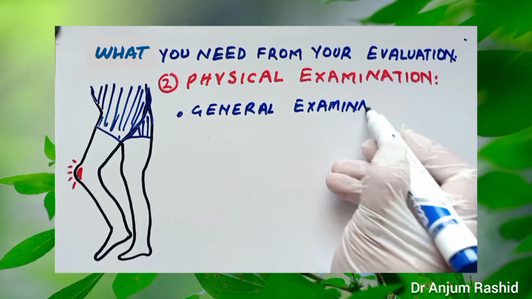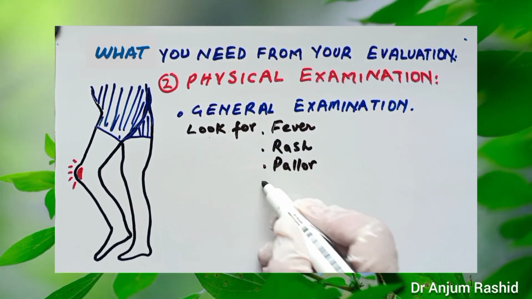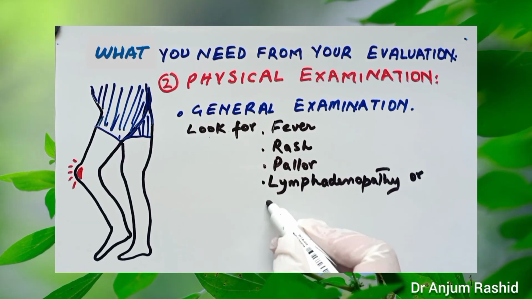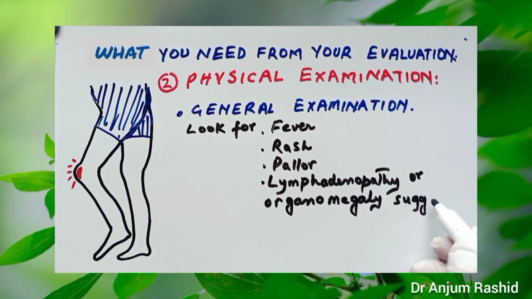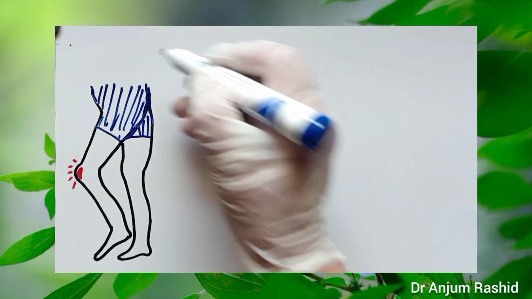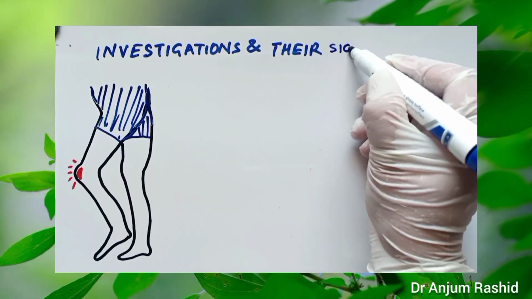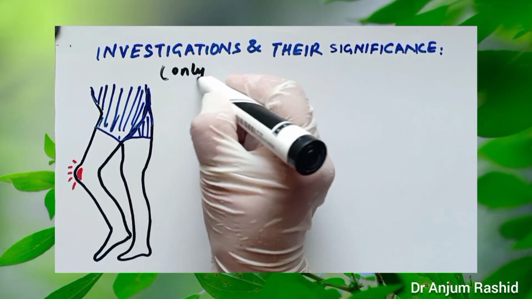Now, in general physical examination, look for fever, rash, pallor, lymphadenopathy, or organomegaly, suggestive of any infection or systemic causes. The third important thing in evaluation is investigations and their significance.